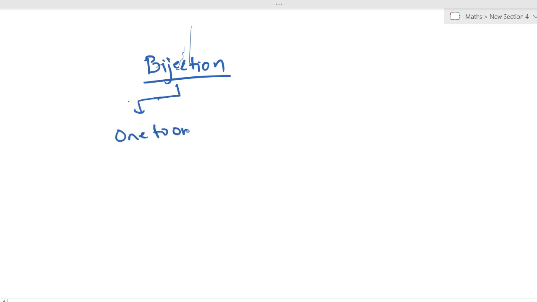A function which is one to one and onto is a bijection.